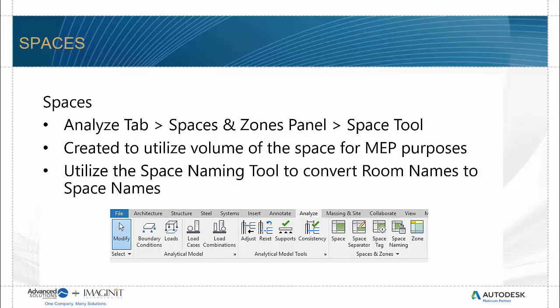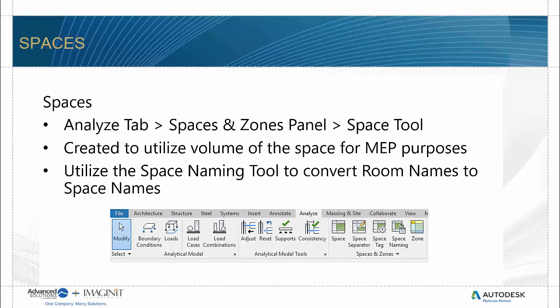Once we put these spaces in, the next thing that we'll want to do is use our space naming tool so that we can convert room names to space names. Again, we want to be able to go in, we want to be able to utilize what the architect already has in place. So once we go in and use the space naming tool, we'll convert those room names to space names so we don't have to go back and retype everything.